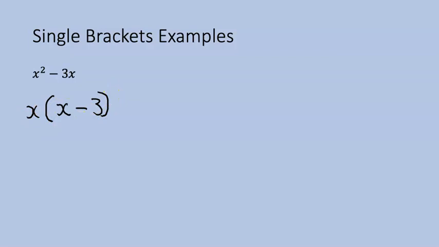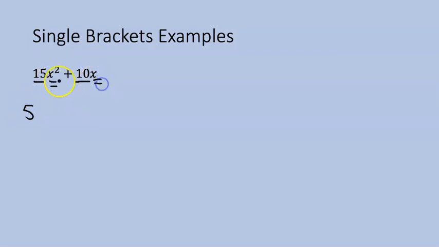And then if I have a look at the next one, we've got both numbers and x's. So this time I'm going to look at my numbers first. I'm going to highlight them right here. A 15 and a 10. Highest common factor of 15 and 10 is 5. But now I look at my x's. I've got an x squared and I've got an x. Highest common factor of x squared and x is just x.